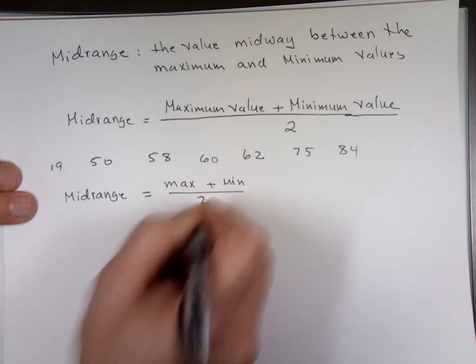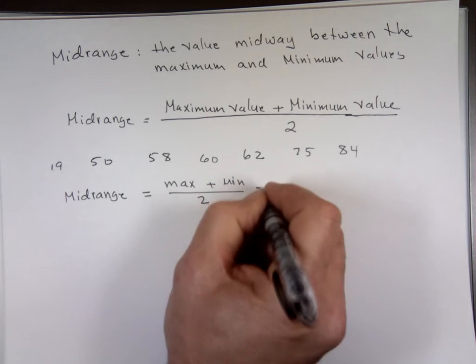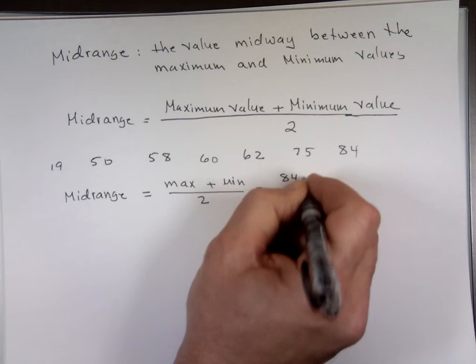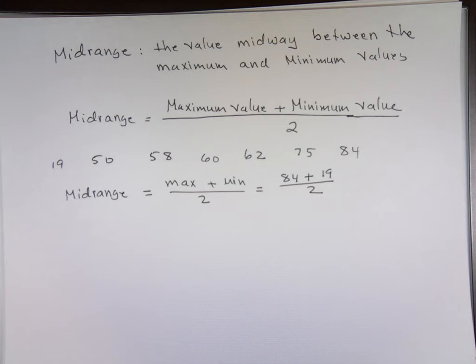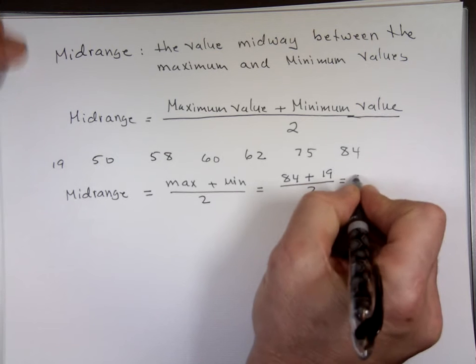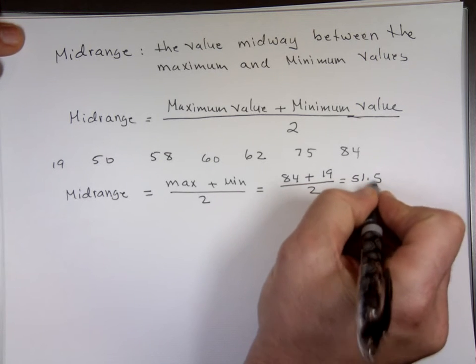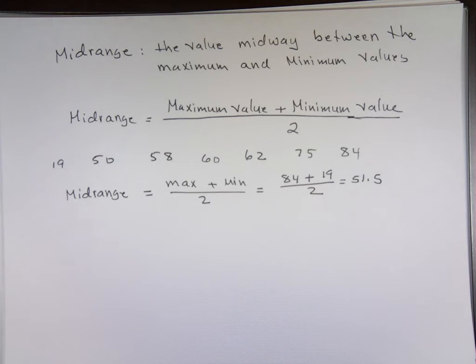What's the maximum value? 84. What's the minimum value? 19, divided by 2. Do the math: 51.5. And again, this value, the 51.5, is the value that's halfway between the highest score and the lowest score.